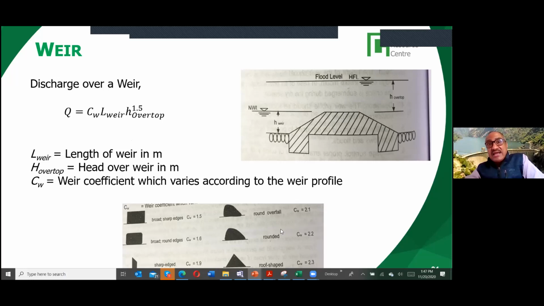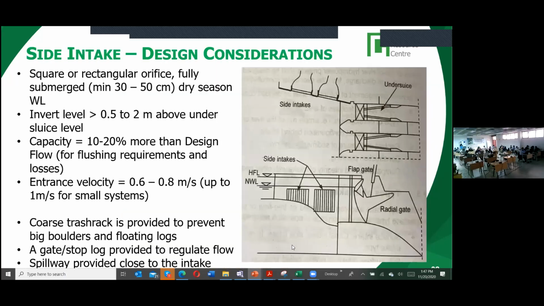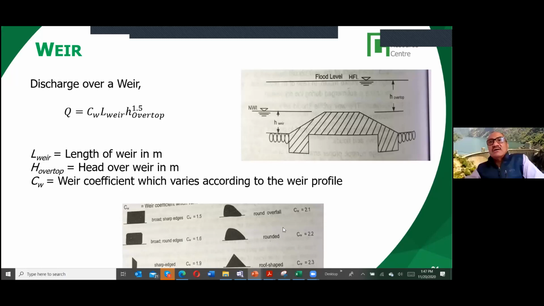If it is higher, then instead of a broad crested weir, maybe we have to use a more rounded shape, because this will increase the coefficient to 2.2, so it can pass more discharge for the same length.